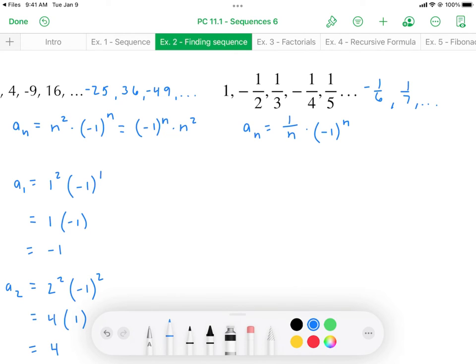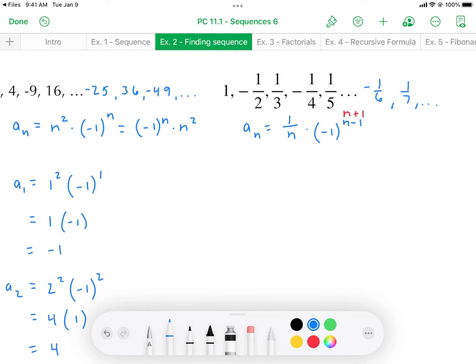That's just going to make it become 1 over negative 1. Okay. Any other thoughts? Very good. You can make the power n minus 1, or you could also do n plus 1. Either one should give you what you need.